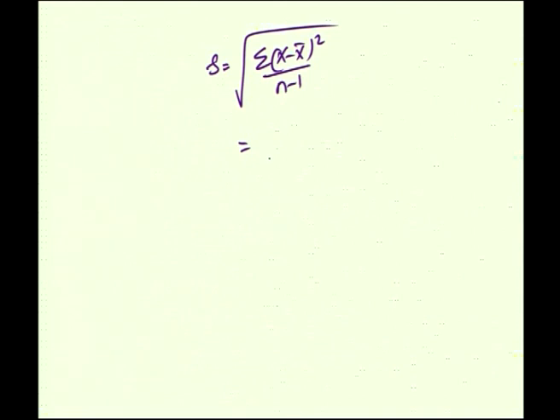This value comes to be equal to root of 37.611, and root of s square value is 6.133. This is the sample standard deviation value. X bar is 180.5 and the sample standard deviation is 6.133.